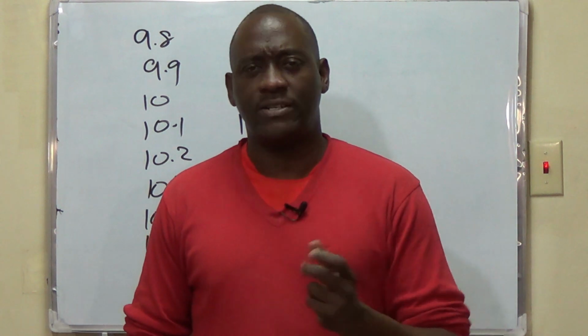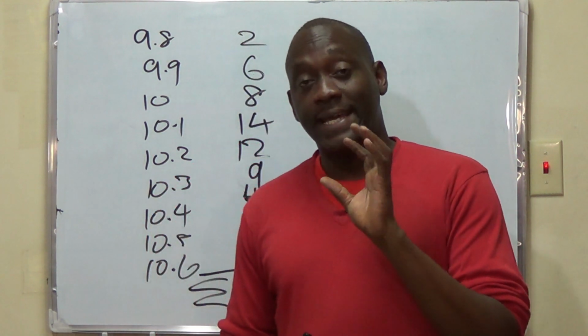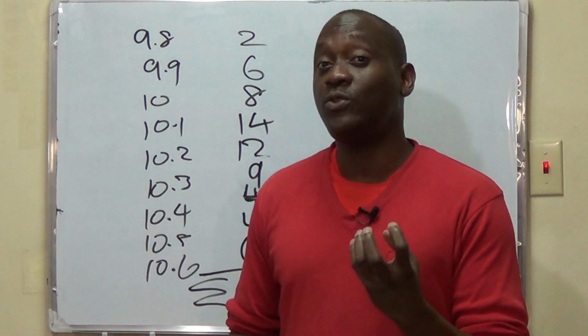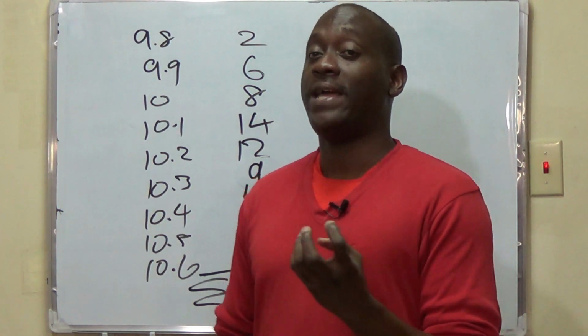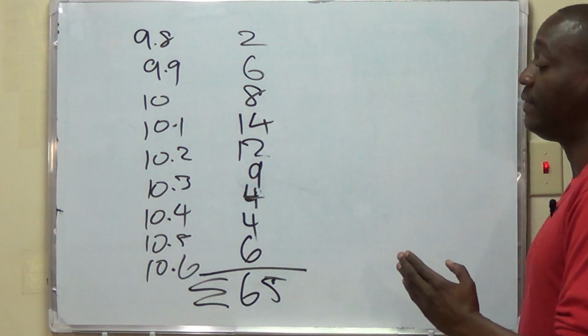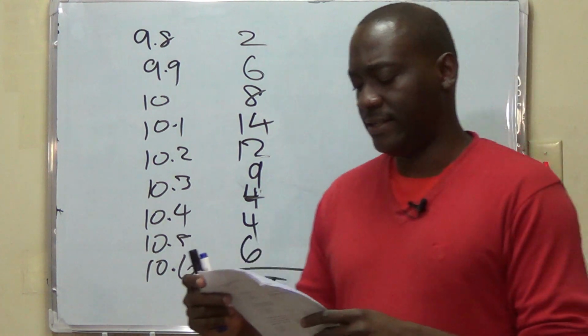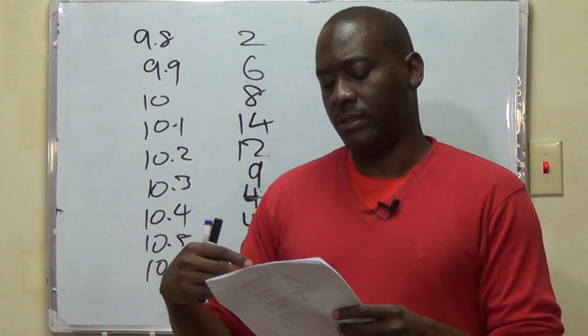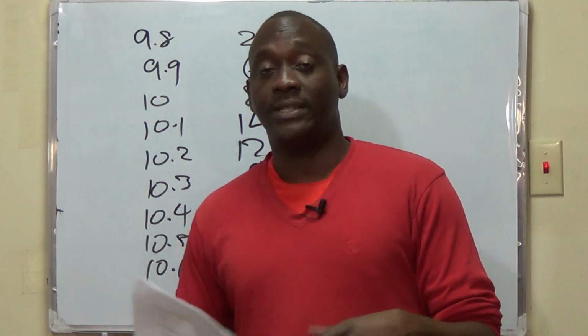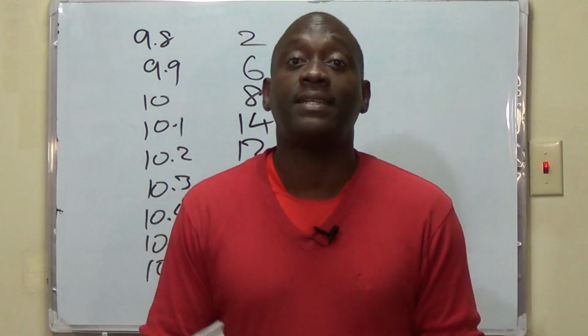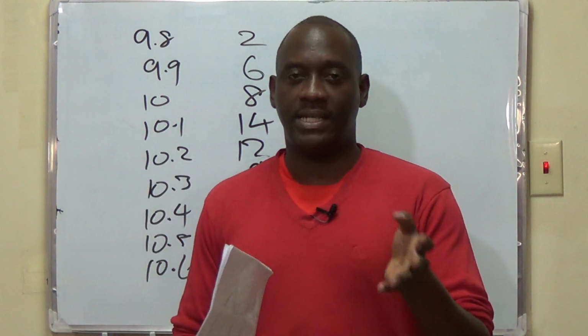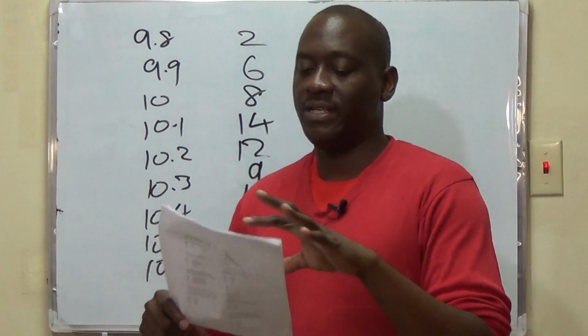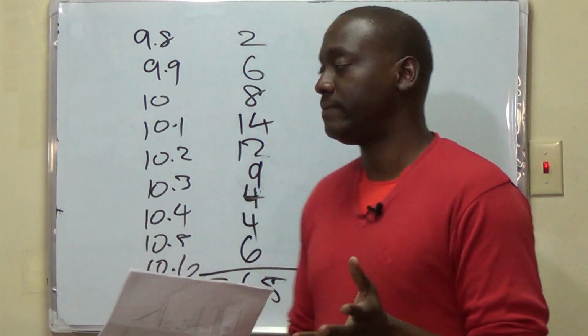Now, let me go a little extra on this question, especially for the paper 2 context, where you could get the same question, and instead of just asking for the median or the mode or the total number of packets, they could actually ask you for the mean or the average, in other words, the average weight of all the packets.